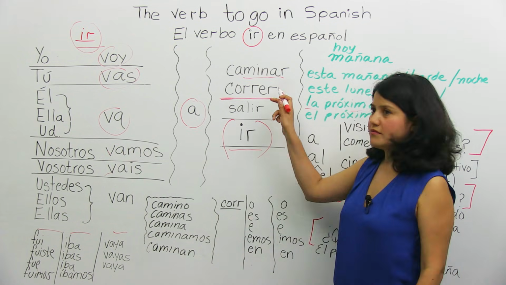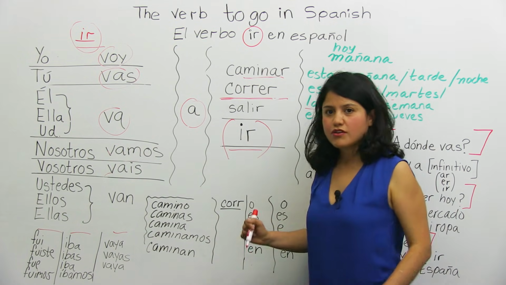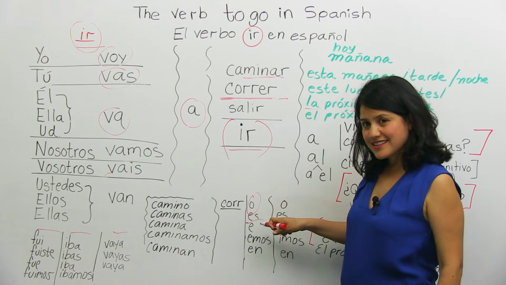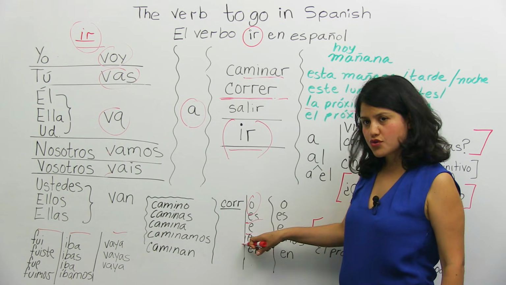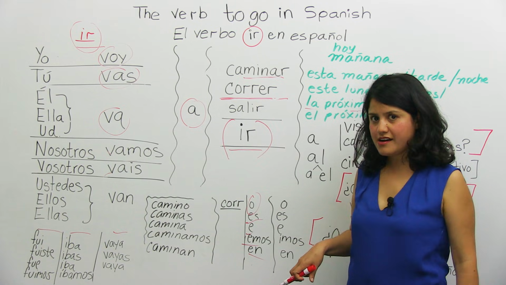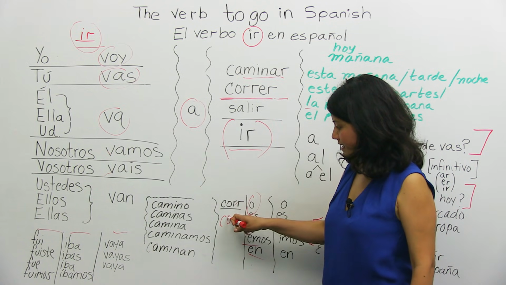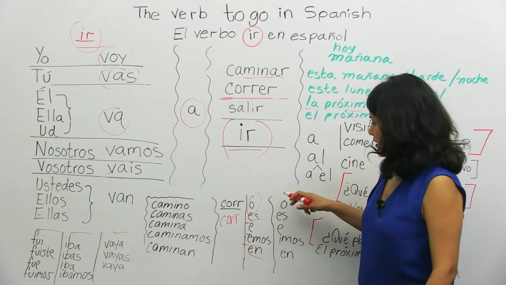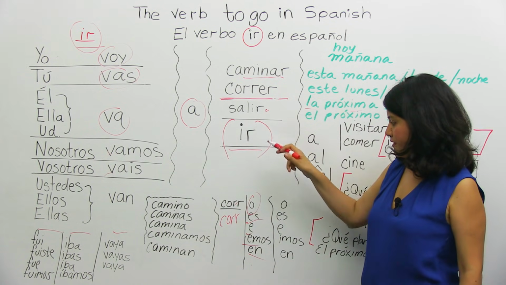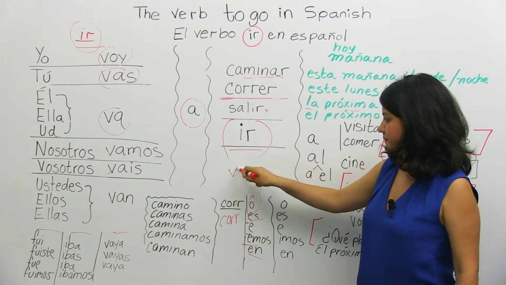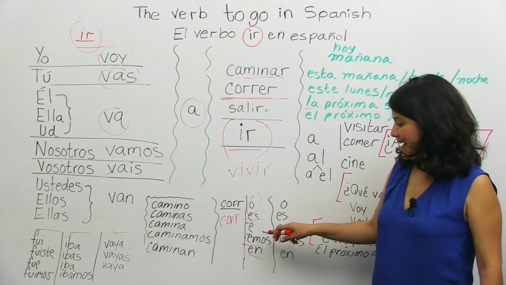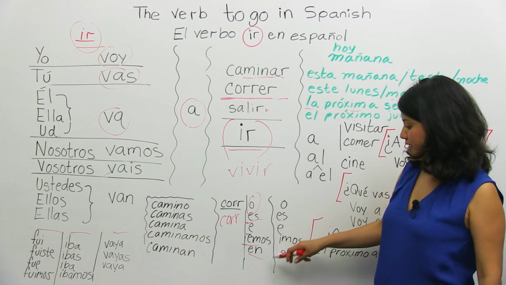And the verb correr: yo corro, tú corres, él corre, nosotros corremos, ellos corren. Same here, right? Salir, that's an irregular verb. And vivir: yo vivo, tú vives, él vive, nosotros vivimos, ellos viven.